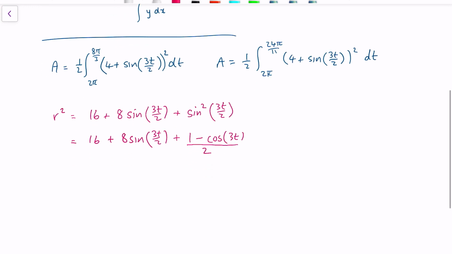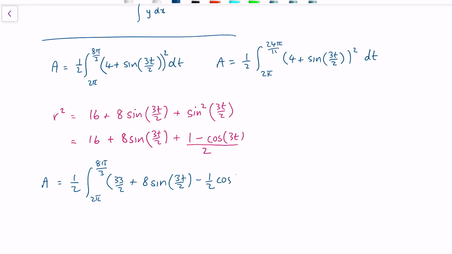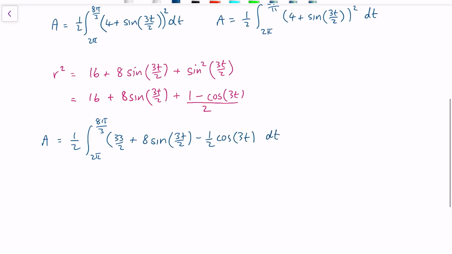Okay, so to integrate this, we've got area as a half integral from 2 pi to 8 pi over 3, 16 plus 8 sine 3t over 2 plus another half, so I'll add the half to the 16, get 33 over 2, and then it's a minus a half cos 3t dt.